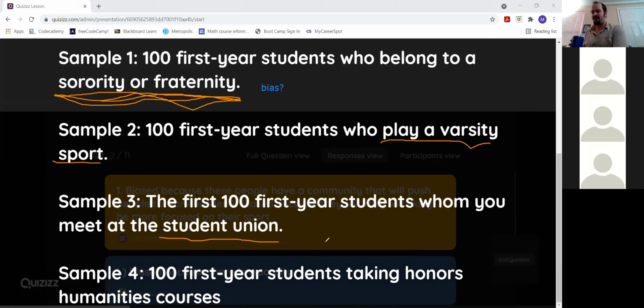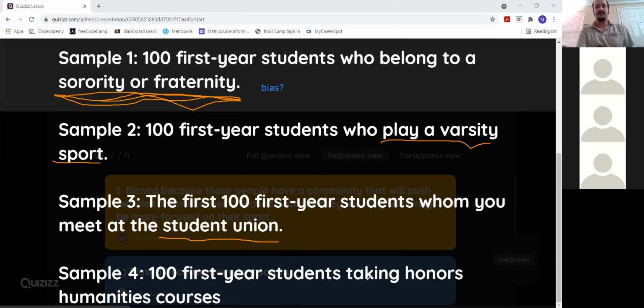Because I know sometimes they got student union rooms. But this is also people that are sticking around campus. So it's probably going to be biased. I would argue that there might be a bias against people who work, because they're probably not going to stick around campus as long. So student workers, you might miss some of them. But how would that affect them going to class? Well, they're already at school, so they're probably the ones going to class.